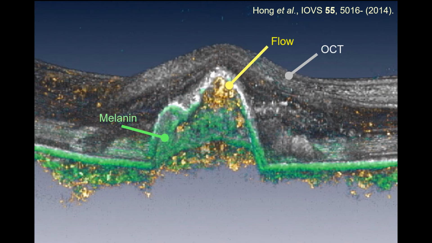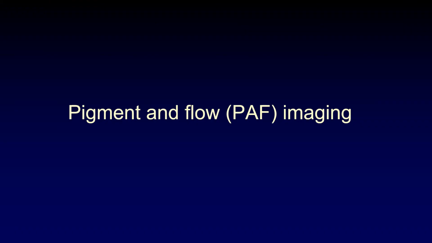At the top of the pigment epithelial detachment, we see gold particles, which are flow. For example, in this case, we see a huge cluster of abnormal blood vessels at the top of the pigment epithelial detachment. Even on top, the melanin has gone from the RPE. So far, we are quite happy about the result.